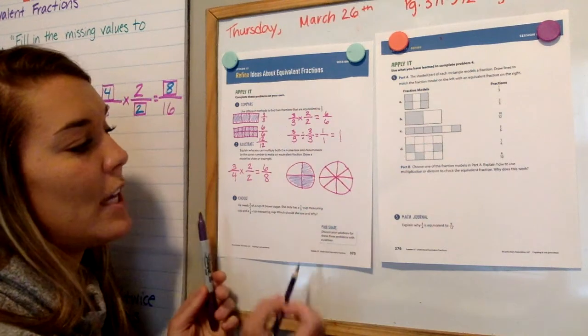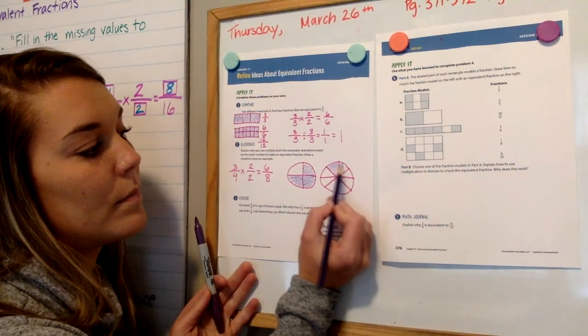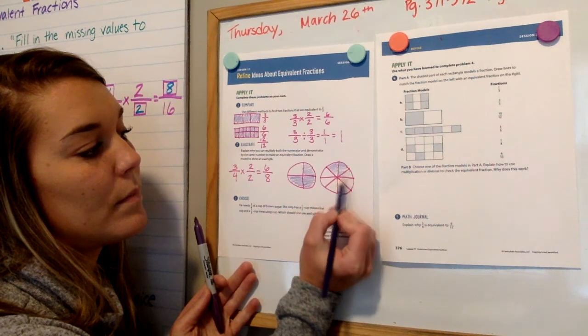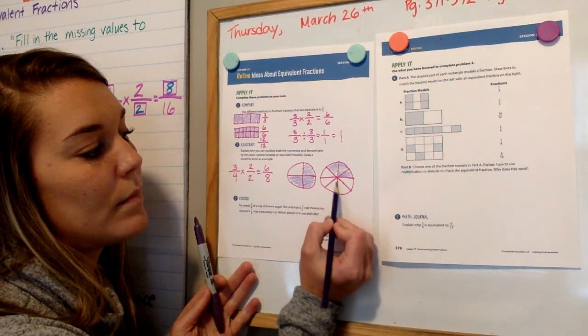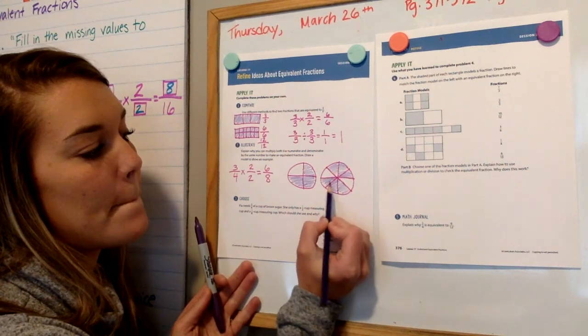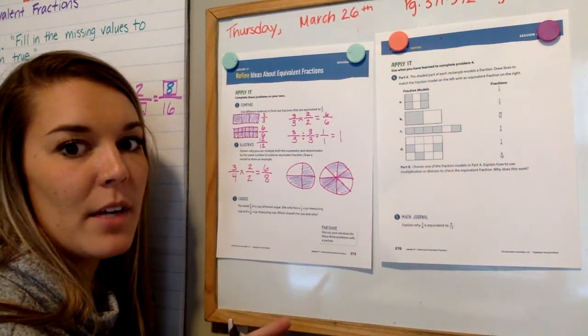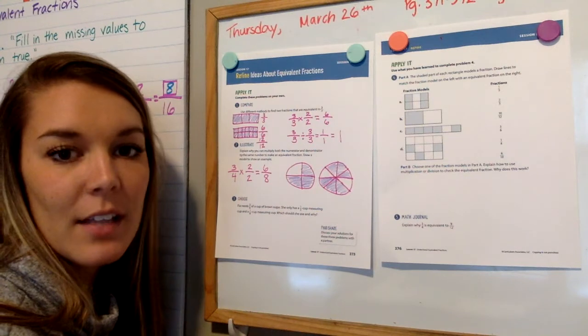How many of those do I shade in? 6. I know you guys are probably like, wait, why is Miss Chase doing it like that?